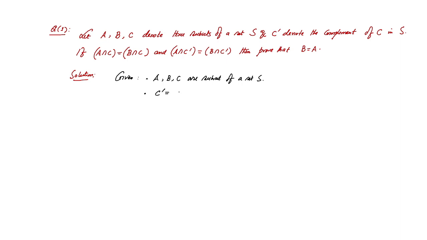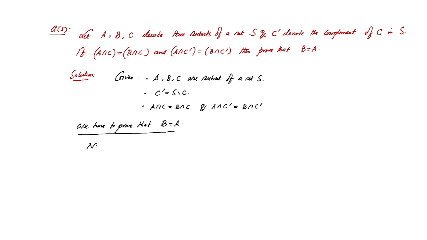This is basically the complement of C in S, that means it is S minus C. And the third information is A intersection C equals B intersection C, and A intersection C complement equals B intersection C complement. So what do we have to prove? We have to prove that B equals A.